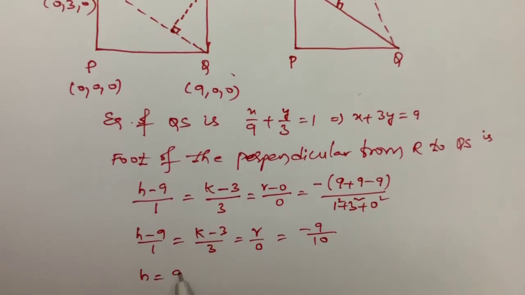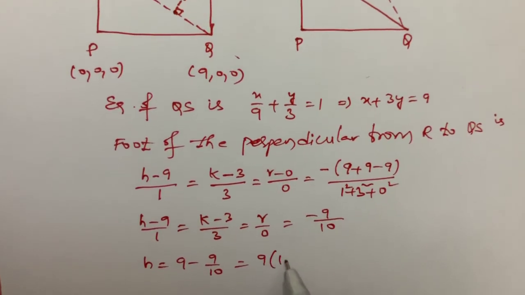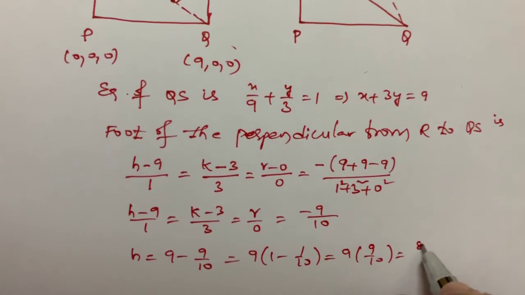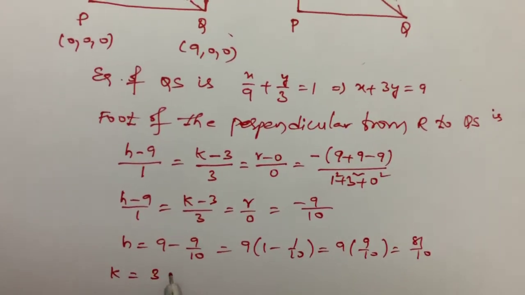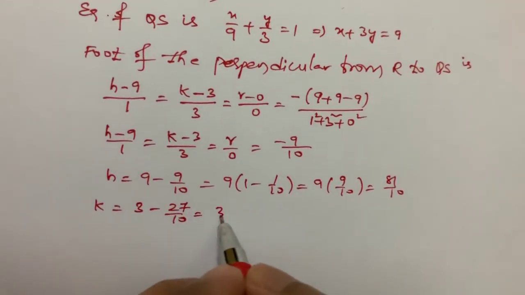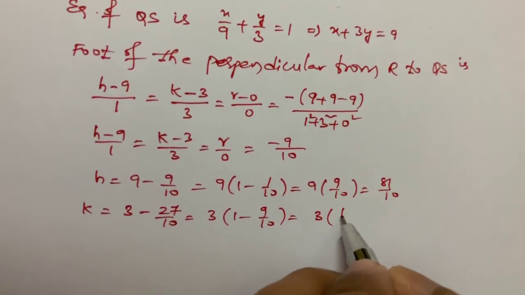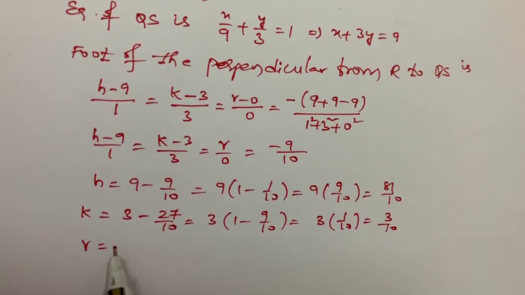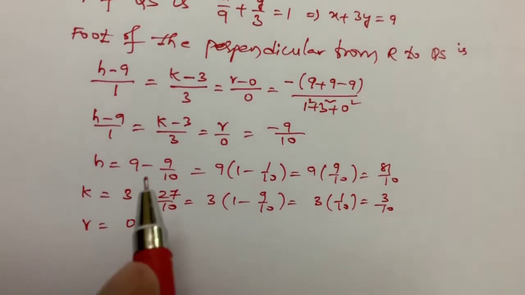So h is equal to 9 minus 9 by 10, which is 9 into 1 minus 1 by 10, so 9 into 9 by 10, which is 81 by 10. Again k is equal to 3 minus 27 by 10, so 3 into 1 minus 9 by 10, so 3 into 1 by 10, which is 3 by 10. So r will be 0. So we got the coordinates of that point.